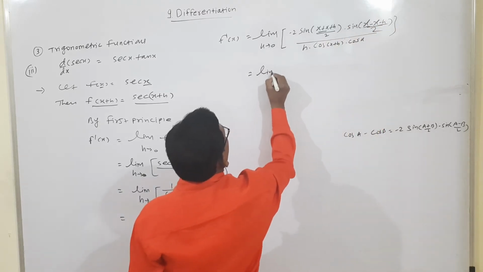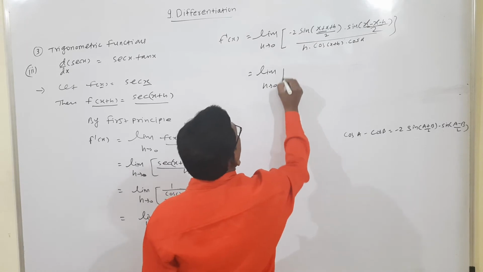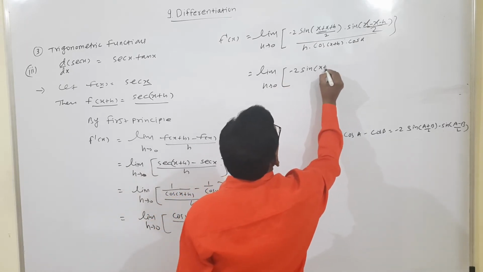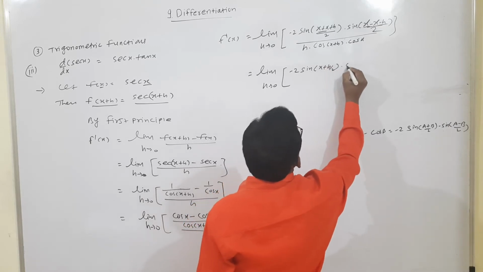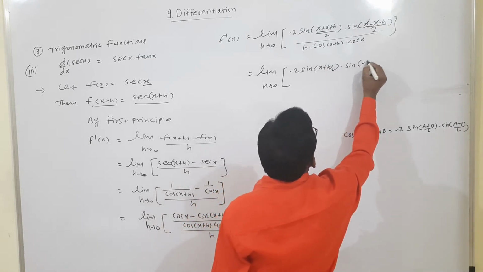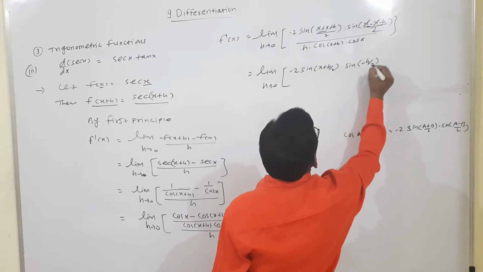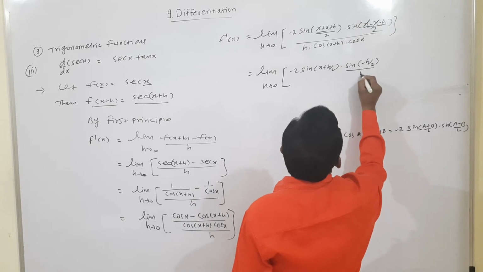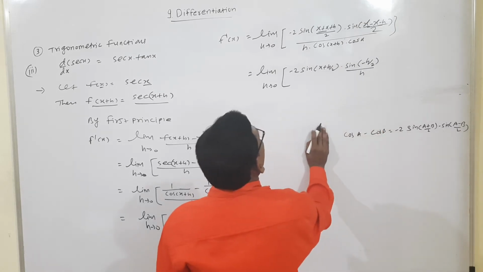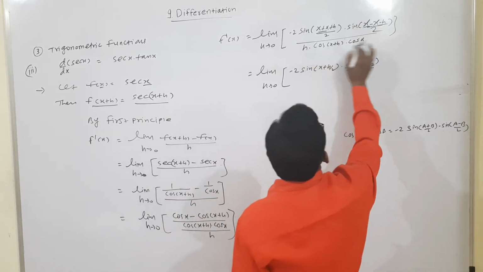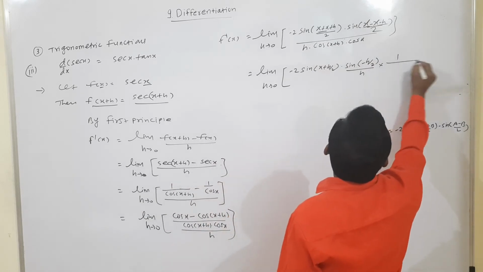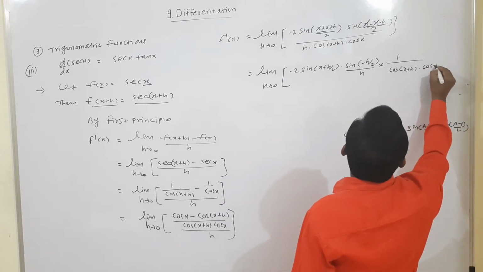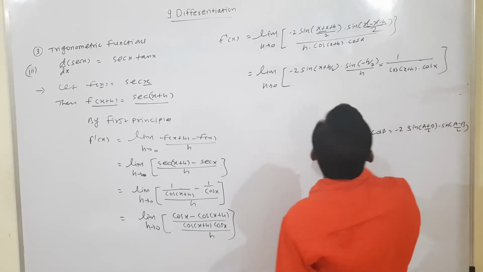So the limit as h tends to 0 of minus 2 sine of x plus h by 2 into sine of minus h by 2, take this h here, into 1 upon cos of x plus h into cos x inside here.